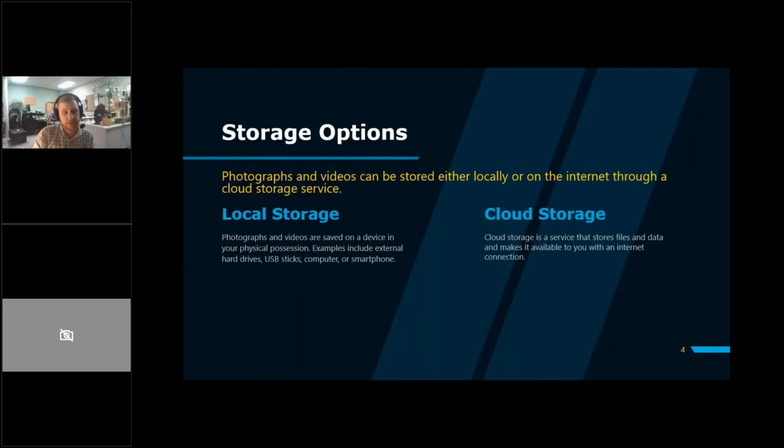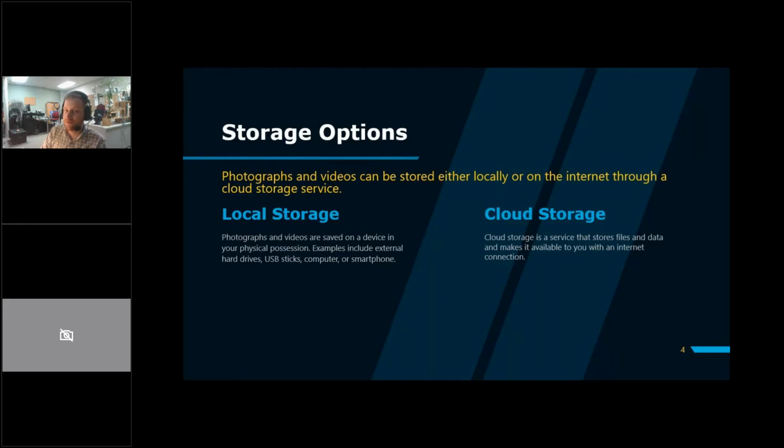Cloud storage is where you don't have physical possession of it. You are trusting those photographs and files to a third-party company, essentially. So say you're using, and I'll use them as an example a lot, Google Photos. When you upload a photo there, you're uploading it into their cloud apparatus.